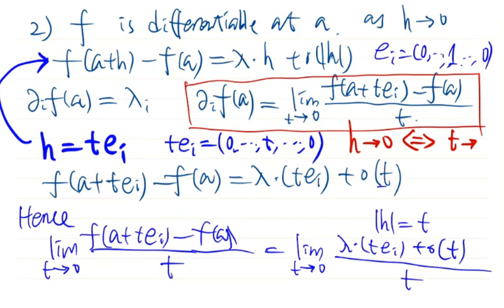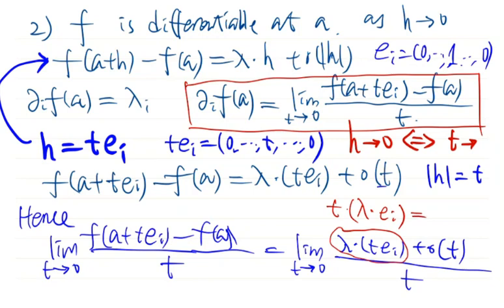But the inner product of lambda and tei is t multiplied by the inner product of lambda and ei, and the inner product of lambda and ei is exactly lambda i.